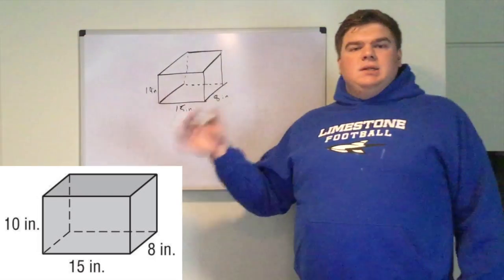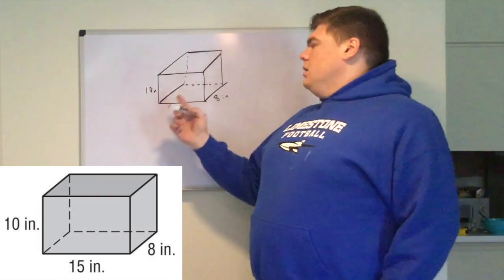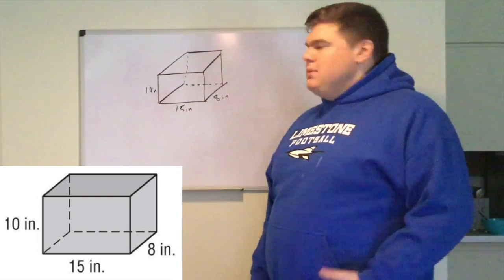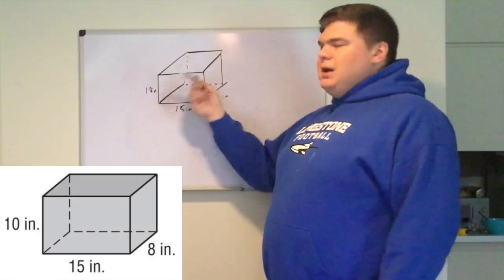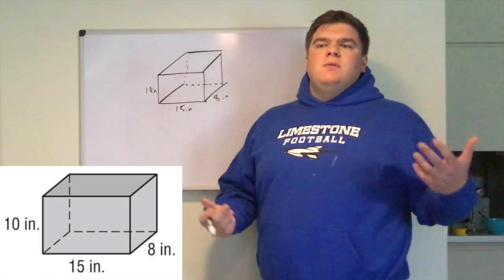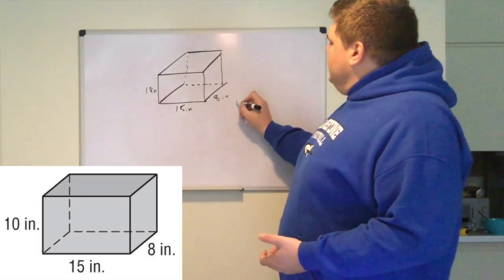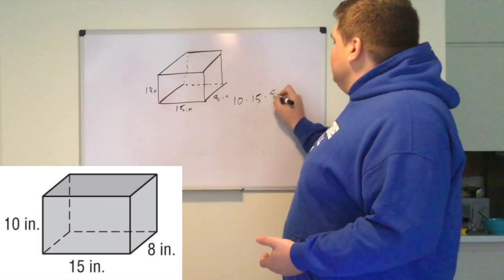All right, the same thing's happening in number 2 here. Again, we have that rectangular prism, or that typical box shape. How you decide what we call each one of these doesn't really matter. We have length, width, height. Basically, you've got 3 values to describe 3 different things. You're probably okay here. So we're going to take 10 times 15 times 8.